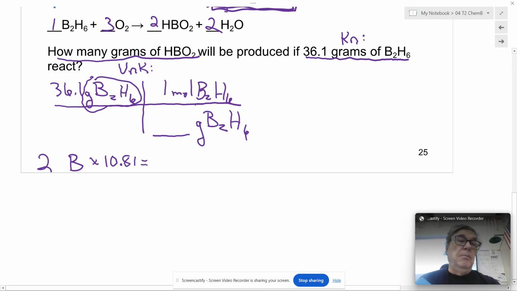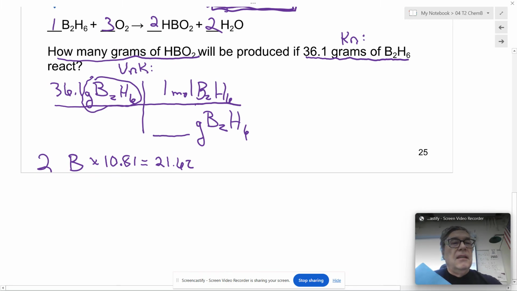So we just multiply that by 2 since there are 2 borons. And I should be using my calculator. You guys have some calculators. Check me and see if I get this wrong. Is that 21.62? Did I get that right?